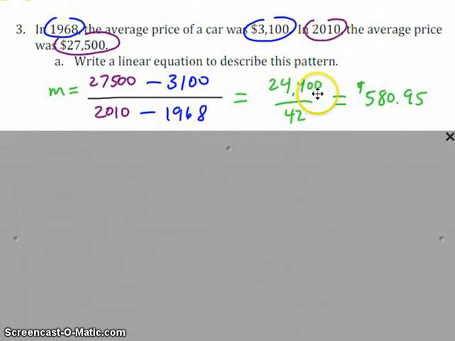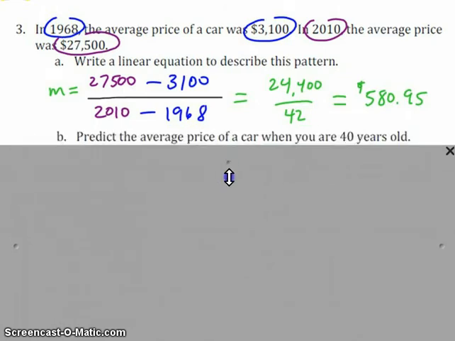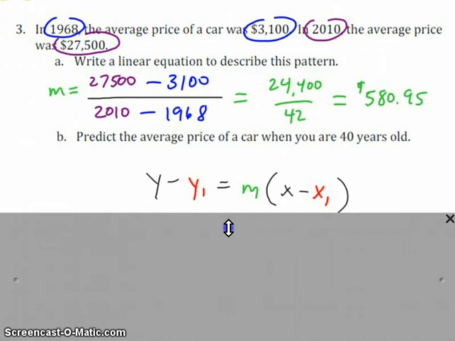So $24,400 higher after 42 years, that turns out to be, if you put that into a calculator, $580.95, roughly $581 per year is how much the price of a car went up. Okay, now you can put m into your point-slope equation.